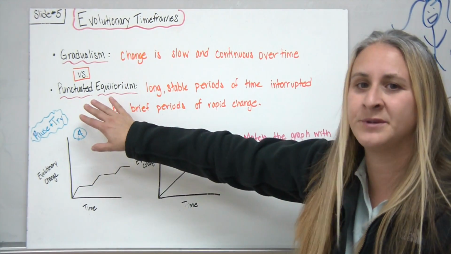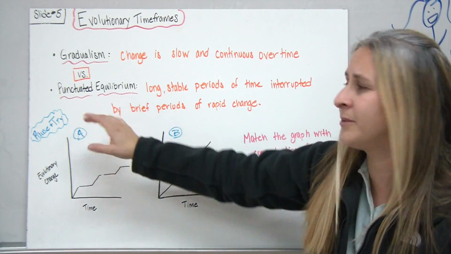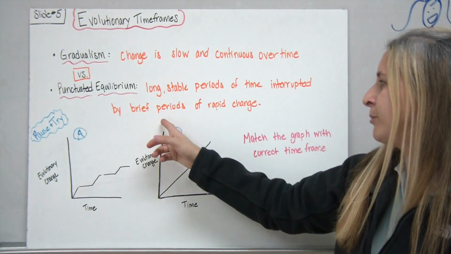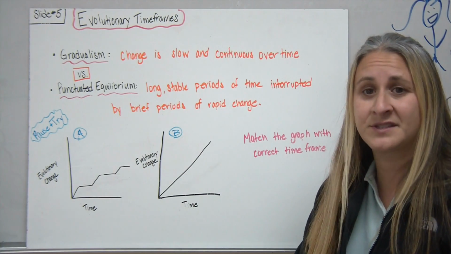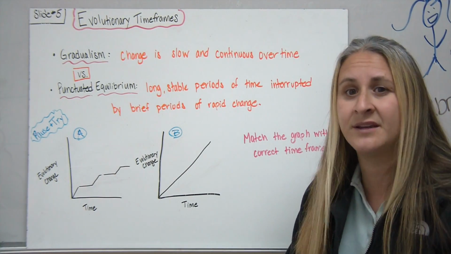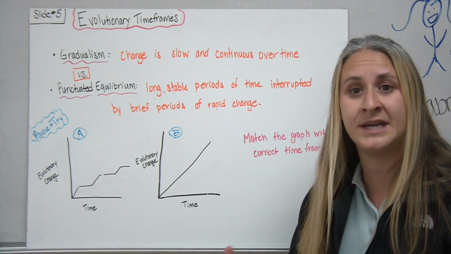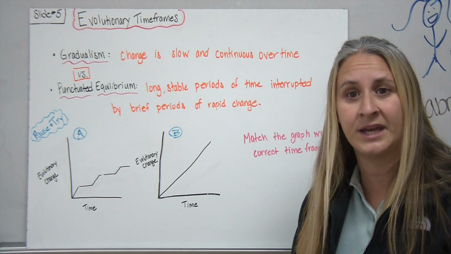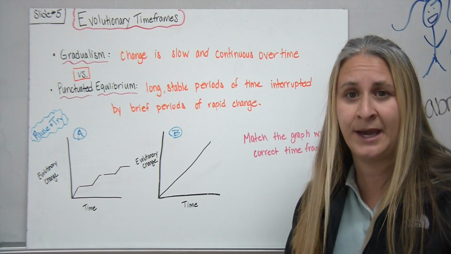The other type of time frame is called punctuated equilibrium. Punctuated equilibrium is when there's long, stable periods of time which are interrupted by brief periods of rapid change. This happens when you might have some sort of a natural disaster or even an unnatural or man-made kind of disaster that happens that forces the organisms to adapt to the environment very quickly. Maybe you've had a massive hurricane come through and just wipe out an entire habitat and change the habitat.